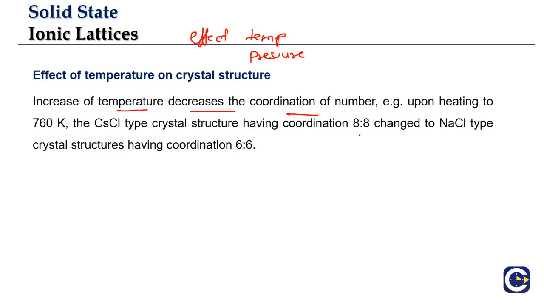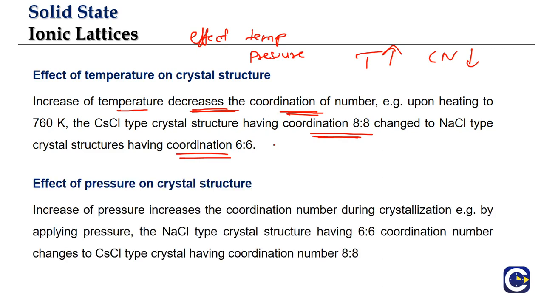As a result, the coordination number is going to decrease. Like if you take cesium chloride and keep on heating it, the structure of cesium chloride, which has a coordination number 8:8, might change into an NaCl type of structure with coordination number 6:6. So increasing temperature will reduce the coordination number.